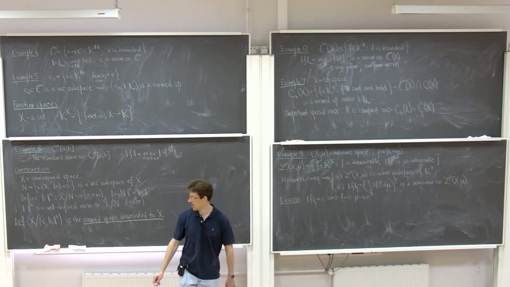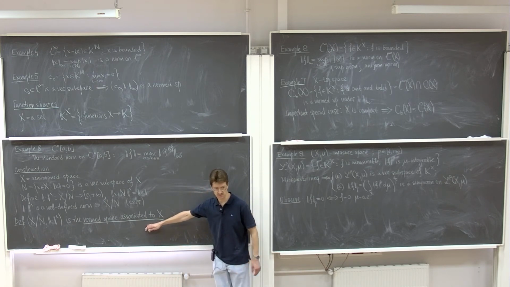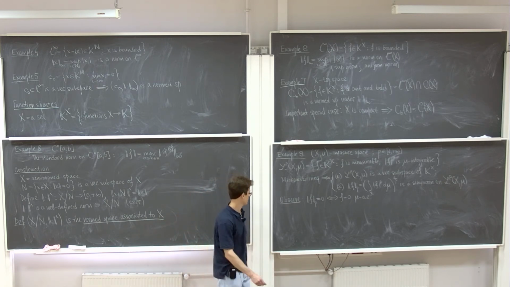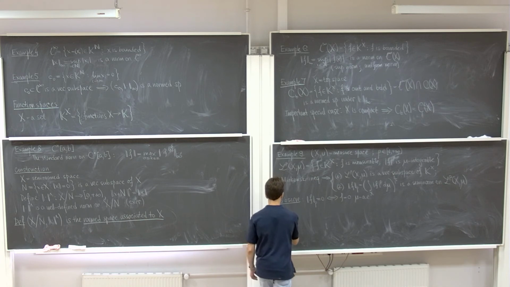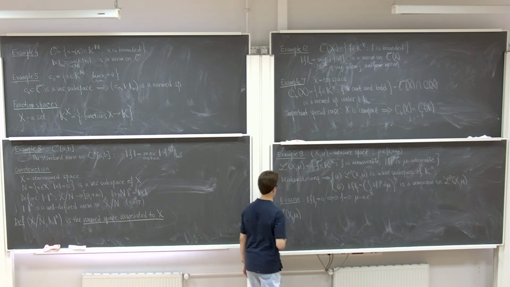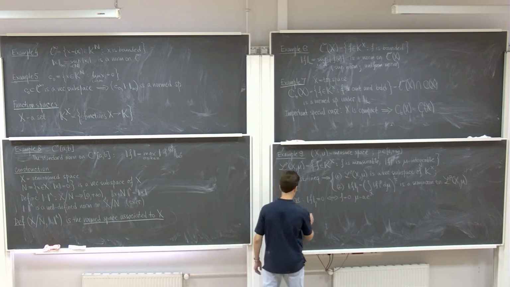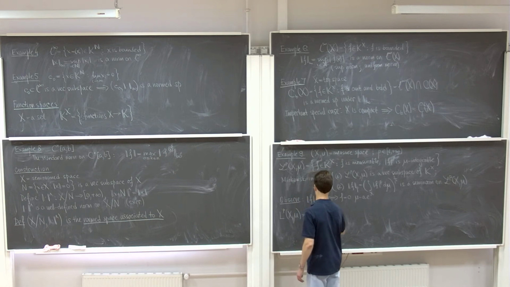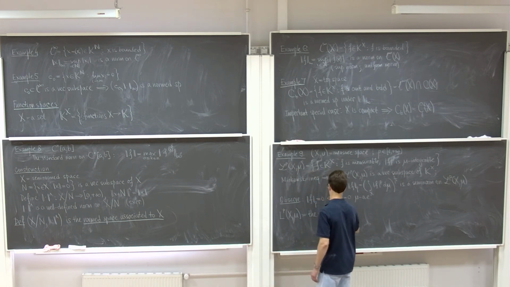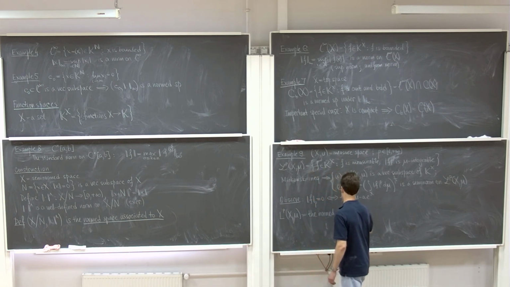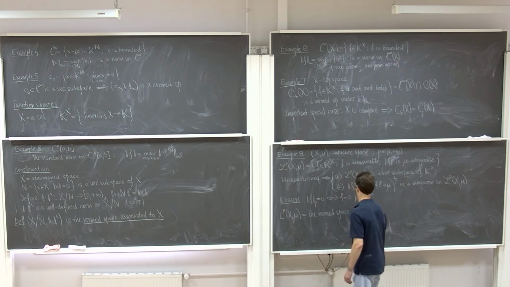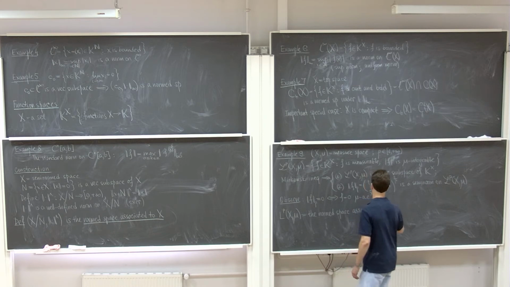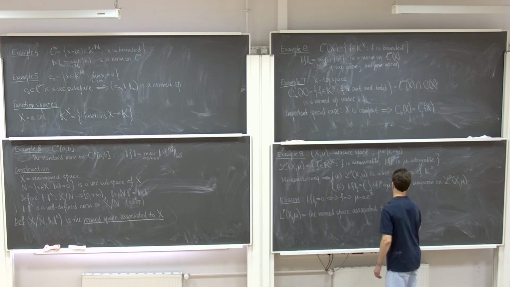But we already know how to construct a norm space out of a semi-normed space. So by definition, the space big L^p(X, mu) is defined to be the norm space associated to script L^p.